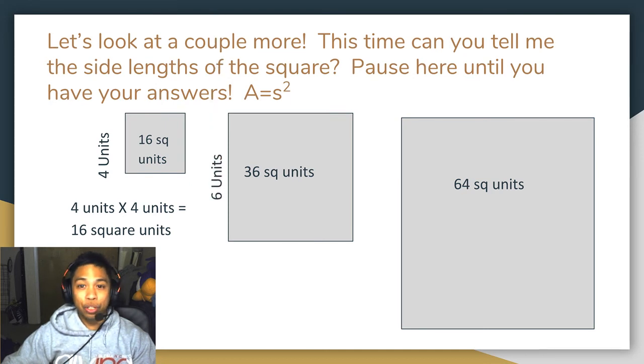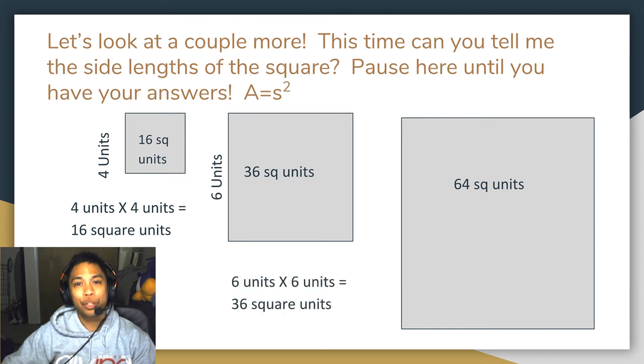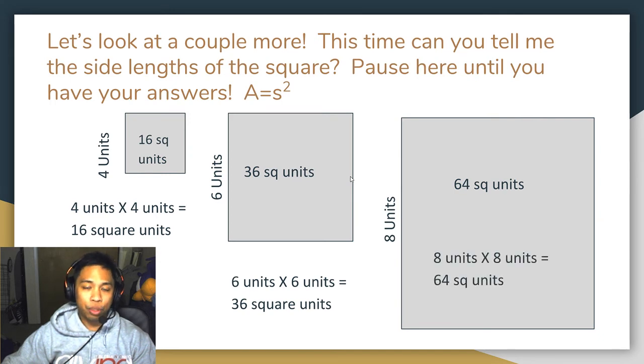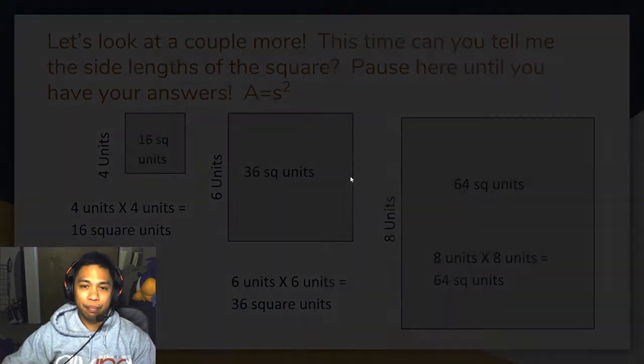If you answered 6 units for the second square, you're correct again because 6 units times 6 units equals 36 square units. And for the last one, we have 8 units. 8 units times 8 units equals 64 square units.